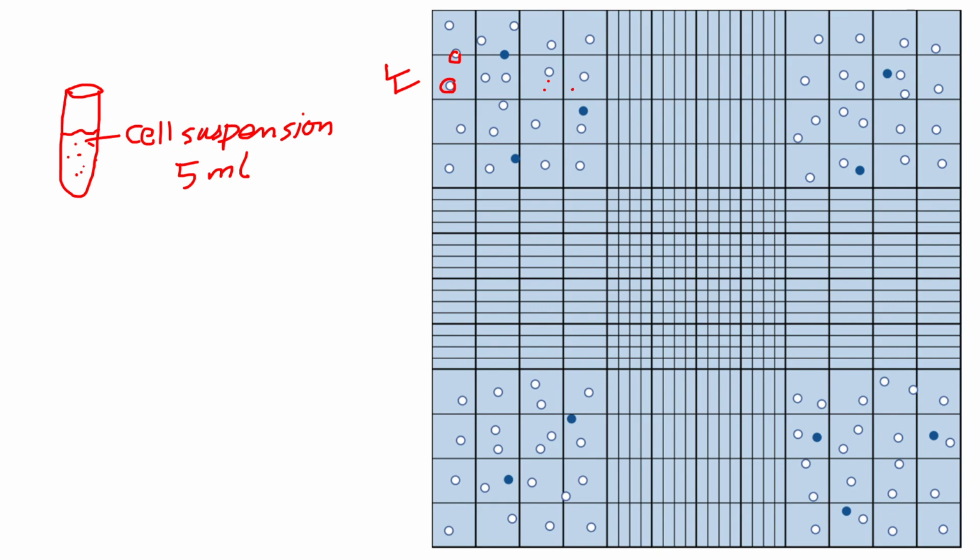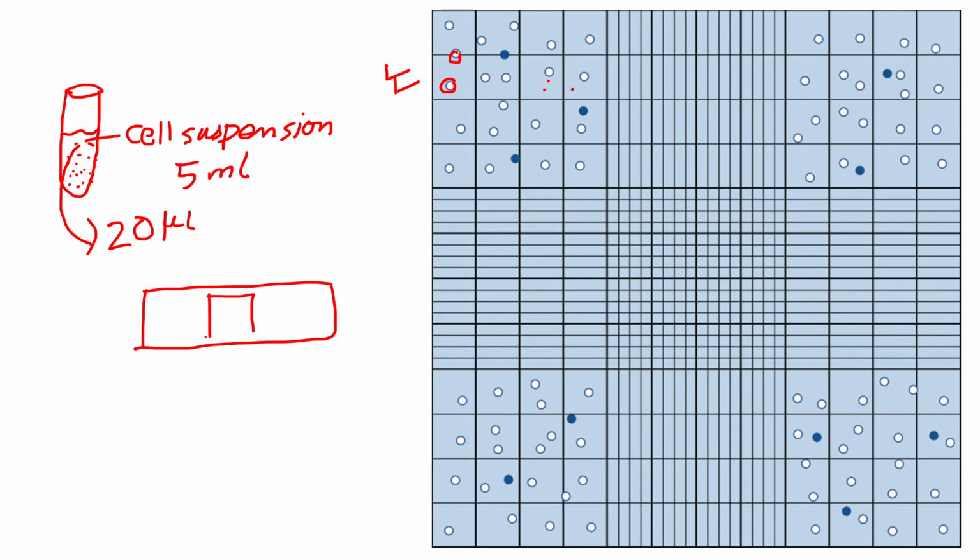Here you have got the cells in the media. So what you do is, from this cell suspension, you pipette out 20 microliters and put it on the haemocytometer slide. The haemocytometer slide looks like this.